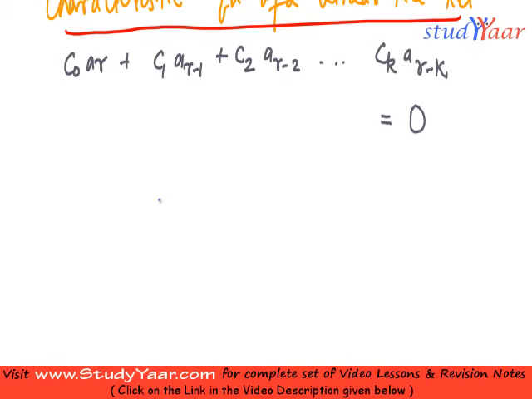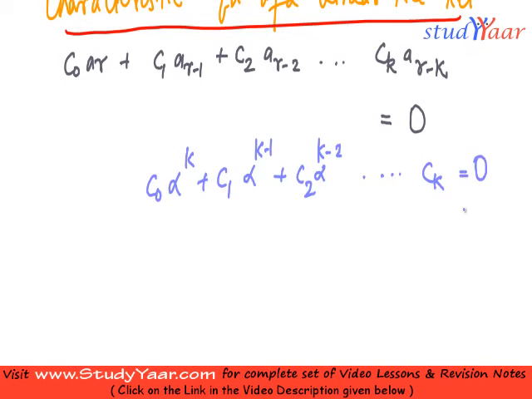It is an equation with degree k, and it is like this: C0 alpha raised to k plus C1 alpha raised to k minus 1 plus C2 alpha raised to k minus 2, and so on up till Ck equal to 0.